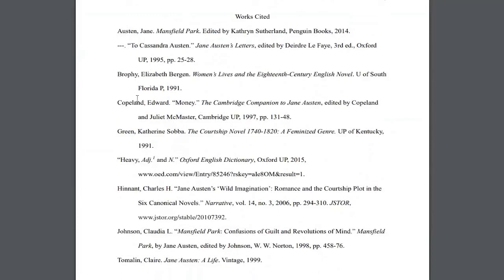So all your sources are listed here alphabetically by the author's last name. You see they're indented on the second line. It's called a hanging indent, with all the other information about the sources also listed. The name of the author, the title, the publisher, the year it was published, all those good things are there. So like I said, your instructor can check your sources.